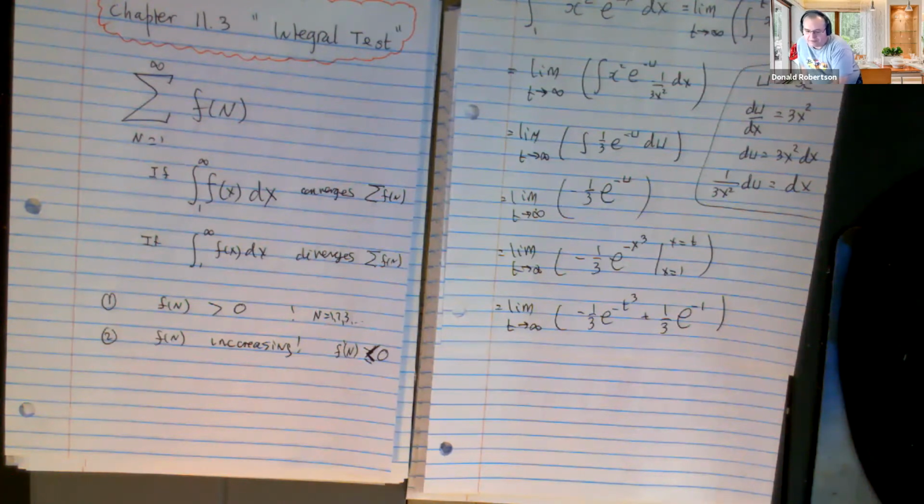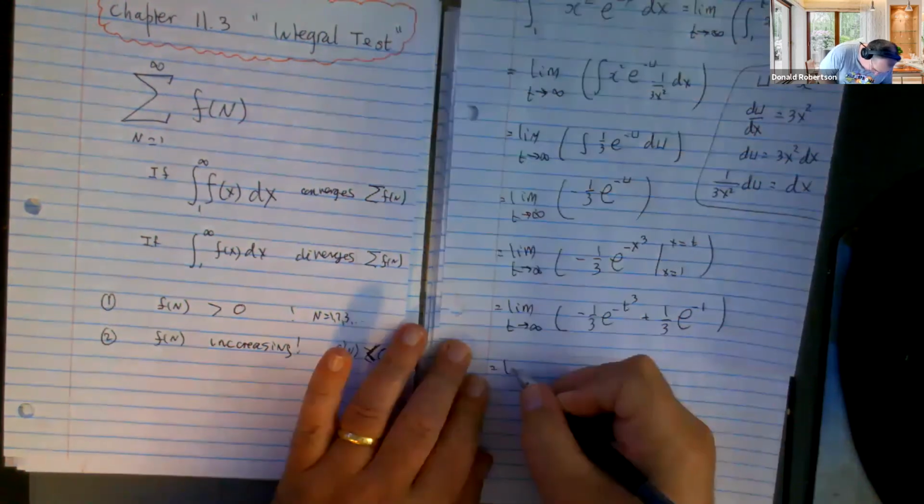That's it. Now, I am not going to brute force this right now, because if I did, I might make a mistake. If I said to you, what is e to the negative infinity? There's a 50-50 chance you'll guess the wrong direction. So I'm going to put this in.